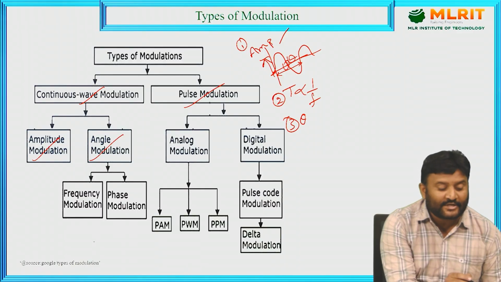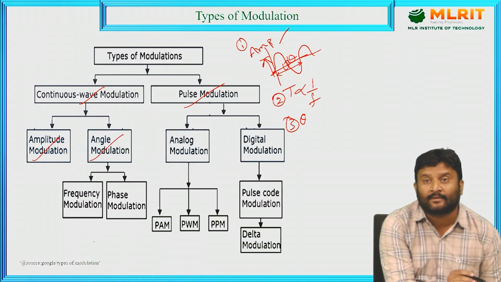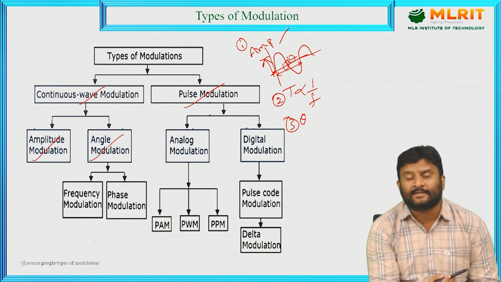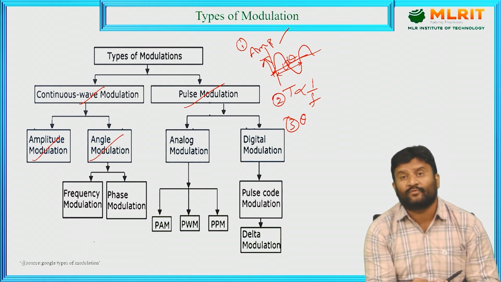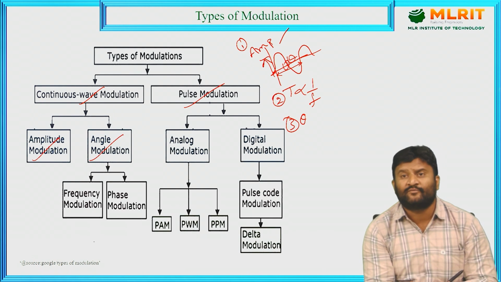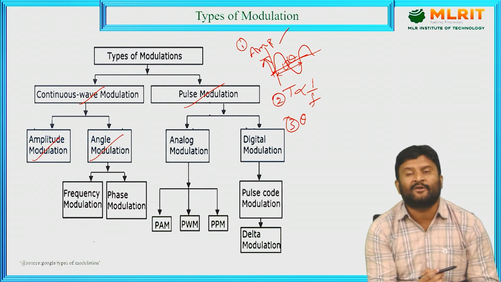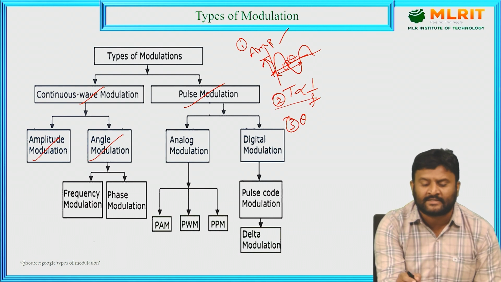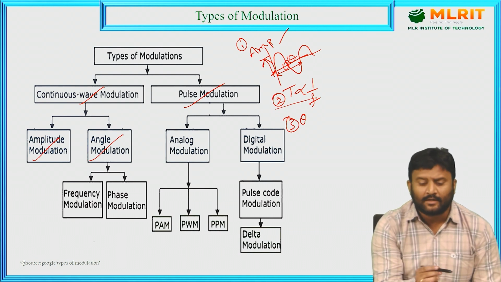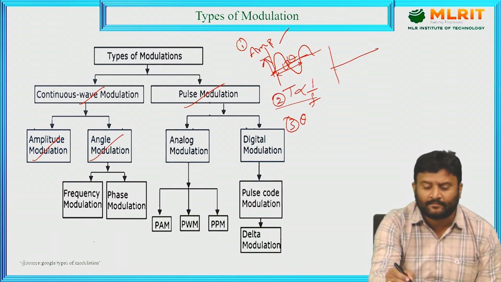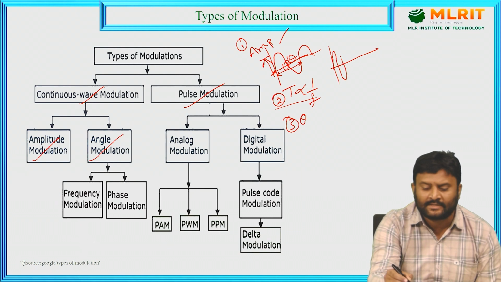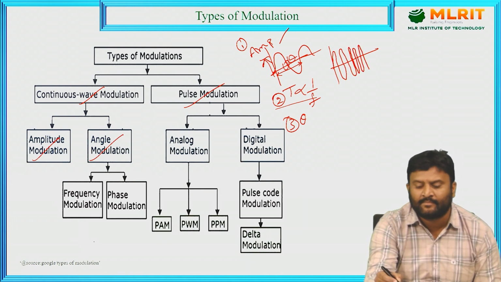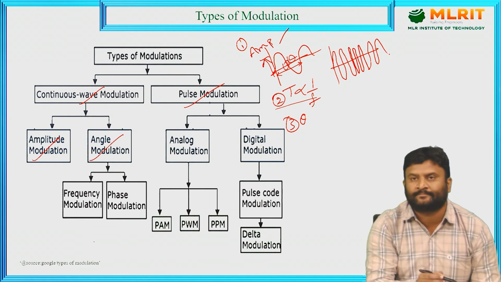Then go for the next one, angle modulation. Remember, angle modulation is again categorized into two ways: frequency modulation and phase modulation. Observe the waveform. In some cases this is my waveform, in some cases this is the waveform, and in some cases again this is the waveform.